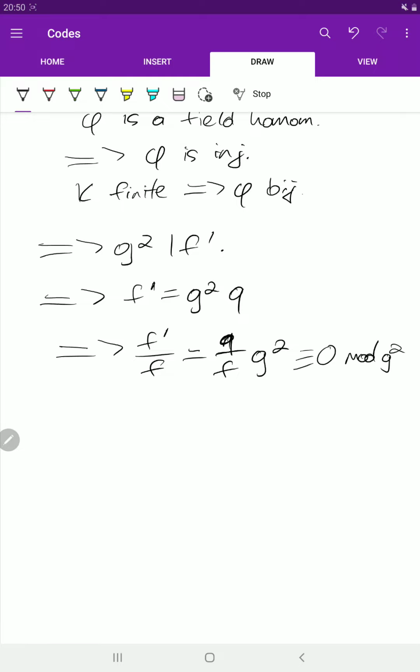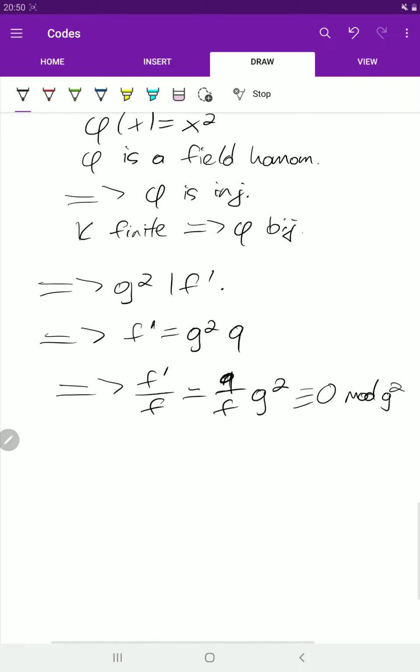So also note that dividing by f is no problem, because f is coprime to g squared.